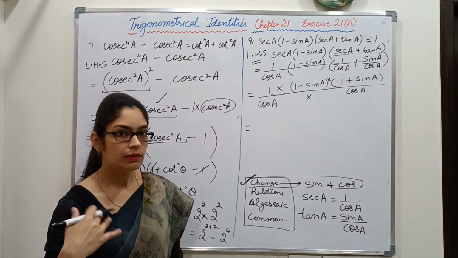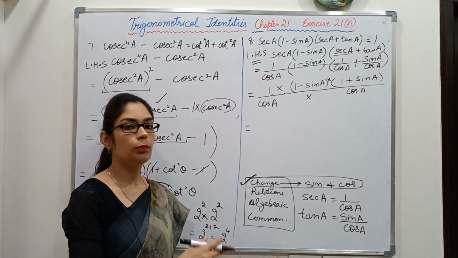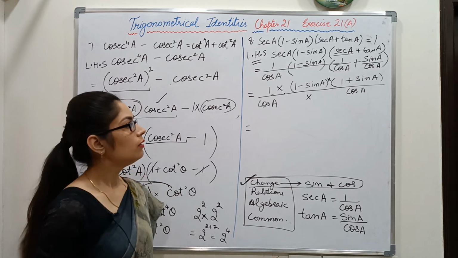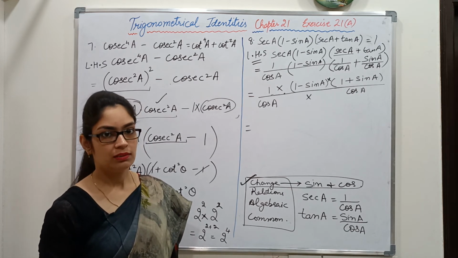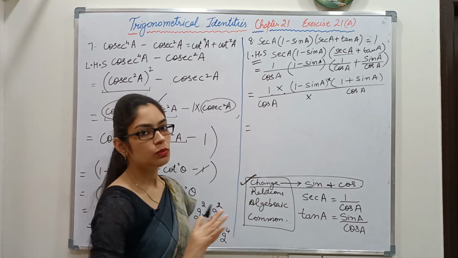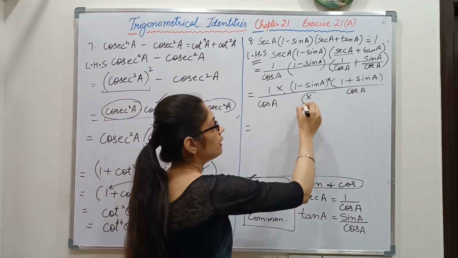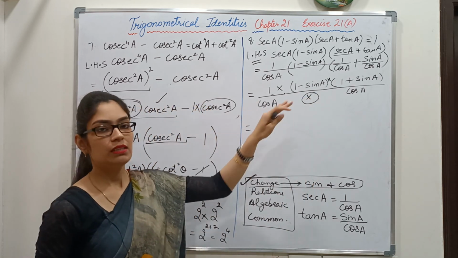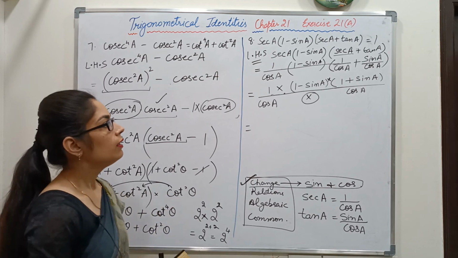Of the four mathematical operations, plus, minus, multiplication and division, whenever in algebraic expressions or trigonometric ratios there is no sign, they are getting multiplied. That is why both of these are also getting multiplied.